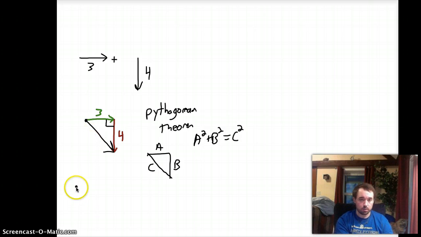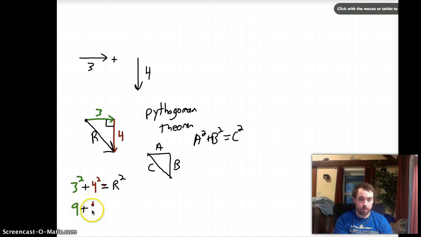In this case, it's going to be 3 squared plus 4 squared equals our resultant squared, and our resultant is R. Well, 3 squared, some of you already might know the answer from basic geometry. 3 squared is 9, plus 4 squared is 16, so 9 plus 16 is 25.